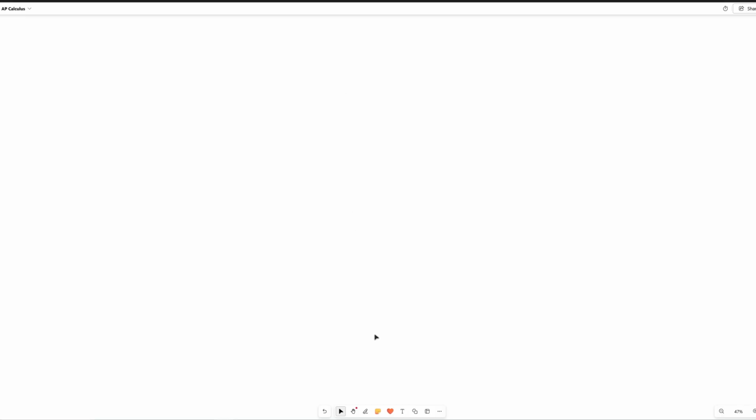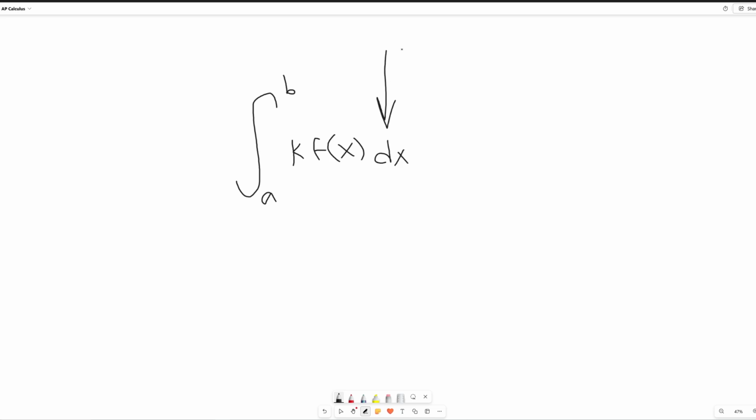So now we can talk about integral rules. So if you have an integral a to b, and then you have k, we're going to use k as a constant, f of x dx. Always put your dx. If you're on an FRQ and you don't put the dx, you get no points for that integral.